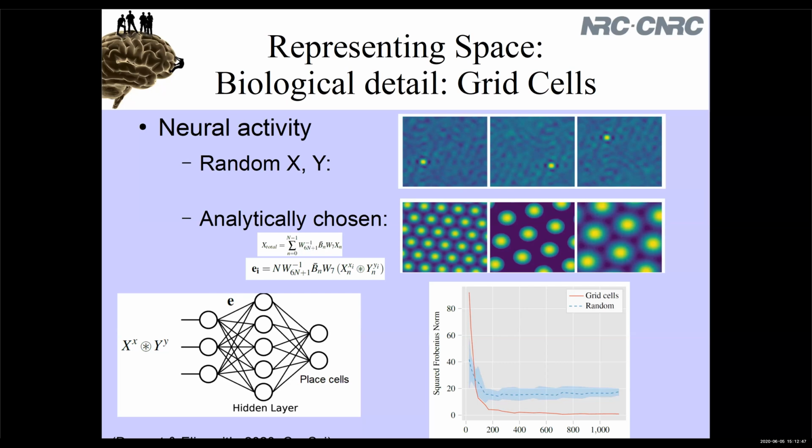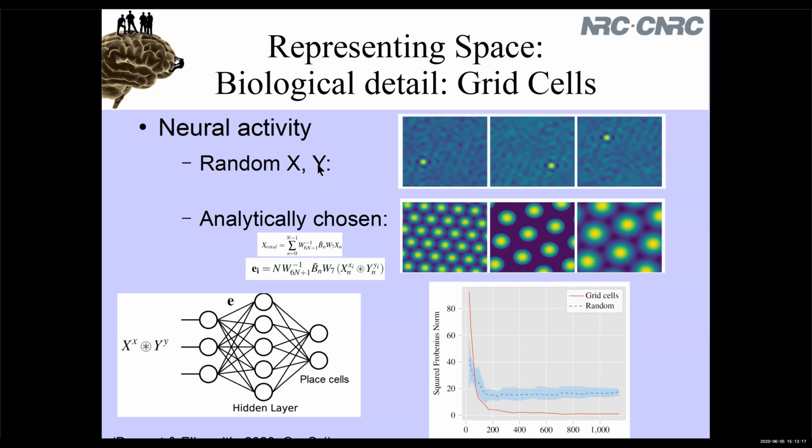So you get what I'm showing here on the top row of this picture. One particular individual neuron might respond to one point in space and respond in its weird jittery pattern everywhere else. So that's not quite what we want. But if you carefully choose your vectors X and Y, instead of randomly choosing them, that just means that they're somewhat related to each other, they're not independent.